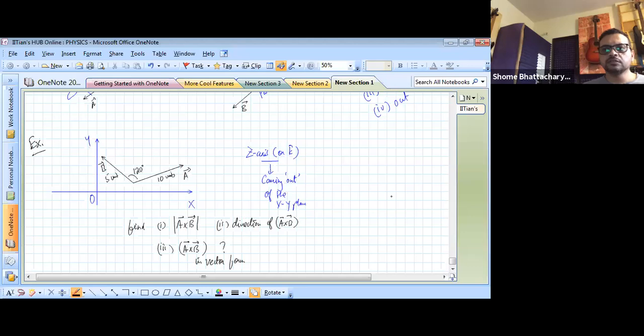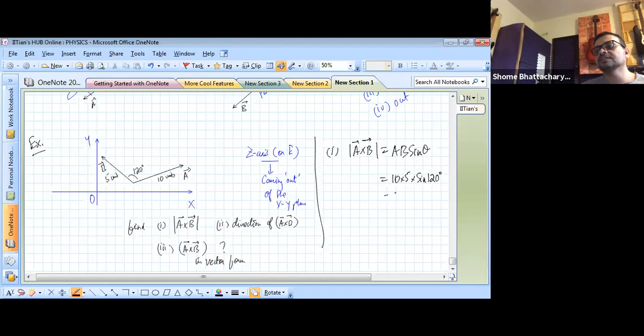Very good, that's correct, Varun. So you can see here that the first part, the magnitude of E cross B, is given by the formula EB sin theta. So that is over here equal to 10 into 5 into sine 120.